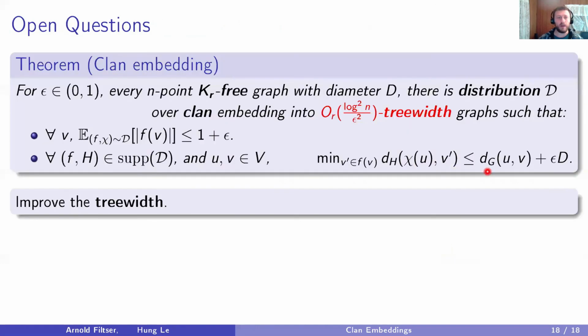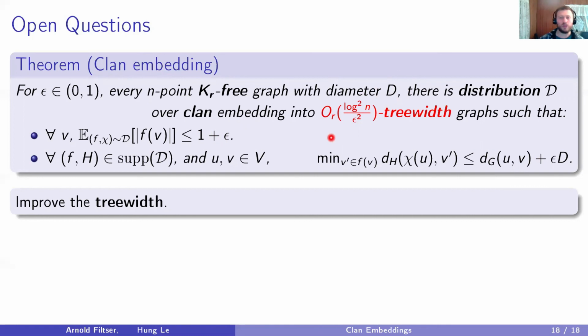Let me wrap up with some open questions. Recall our result of clan embeddings of minor free graphs into low treewidth graphs. Here we show that every K_r-free graph with diameter D can be embedded into a distribution over graphs with treewidth log squared n over epsilon squared, with expected clan size 1 plus epsilon and worst case additive clan distortion of epsilon D. It would be very nice to improve the treewidth here, which is the only parameter you really can improve.